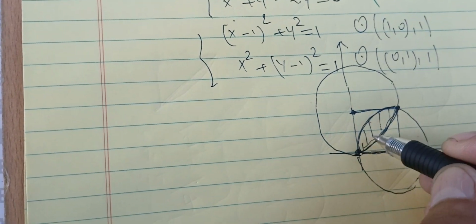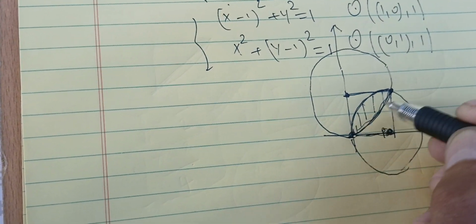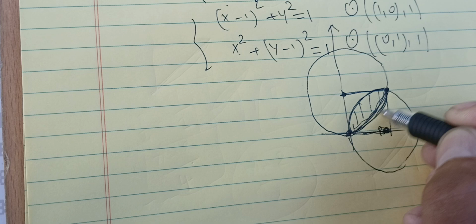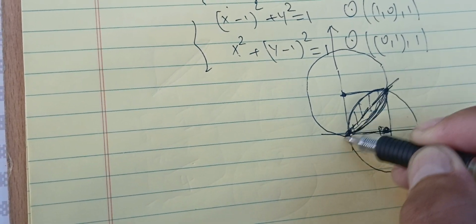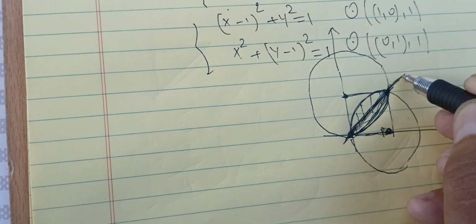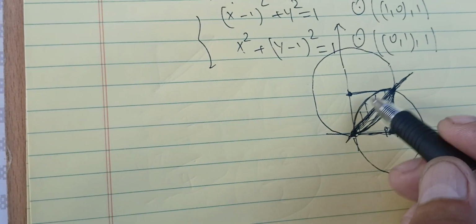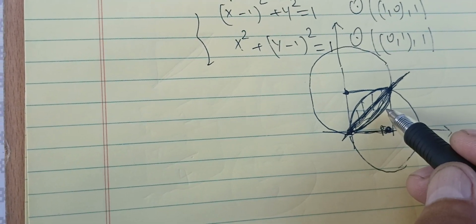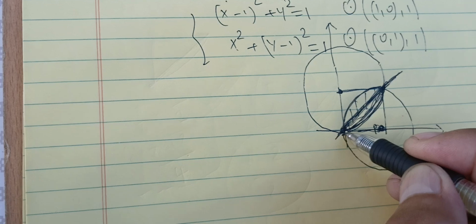We can find this area without using calculus. Here we have a quarter of a circle.